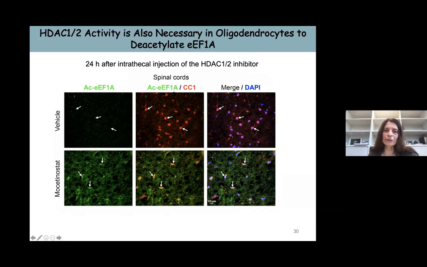You can see a co-staining with CC1, which is a marker of mature oligodendrocytes. Acetylated DF1A is everywhere, but it is also strongly localized in the oligodendrocytes. So it seems that HDAC1/2 activity is also necessary in oligodendrocytes to deacetylate DF1A.